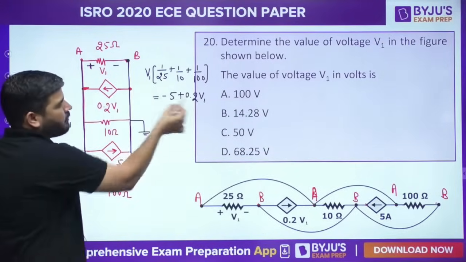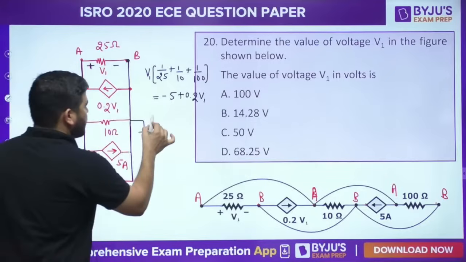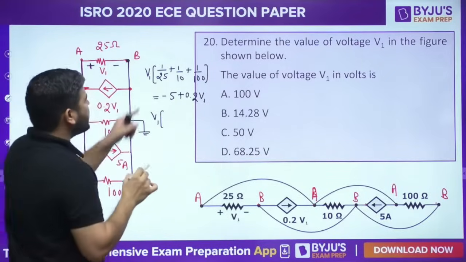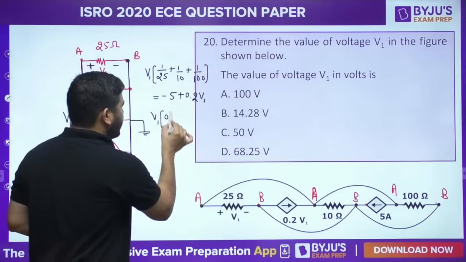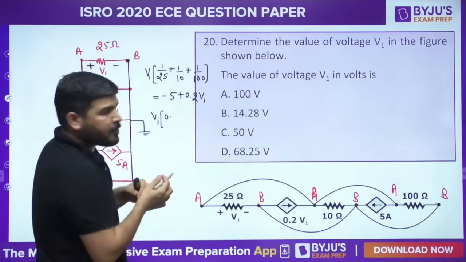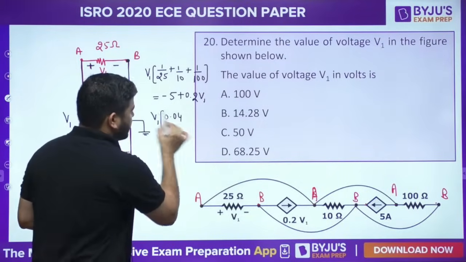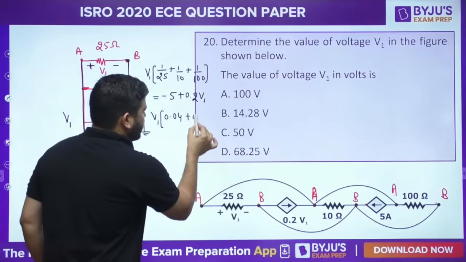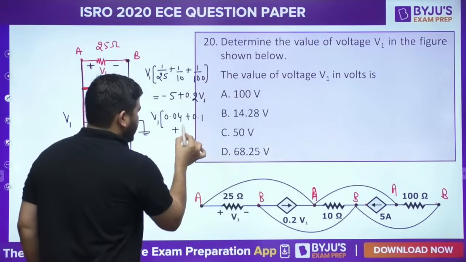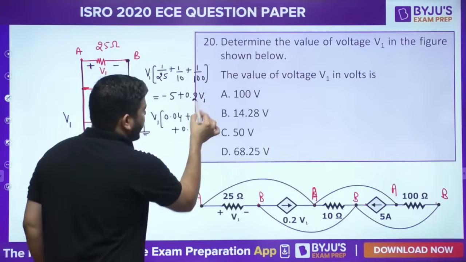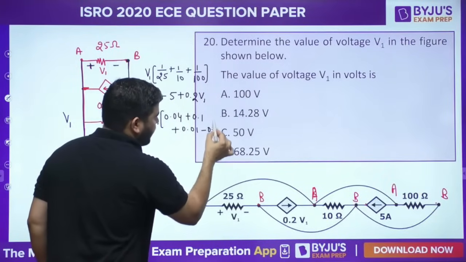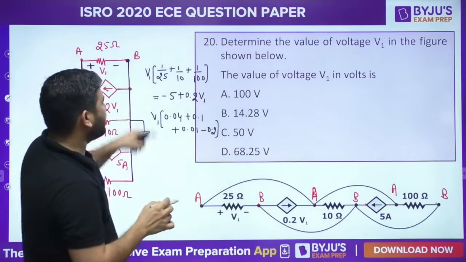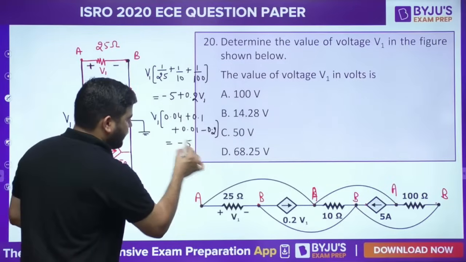And now you can calculate V1 very easily. So now V1 is, what is this? It is 0.04 plus 0.1 plus 0.01 minus this 0.2 is equal to minus 5.